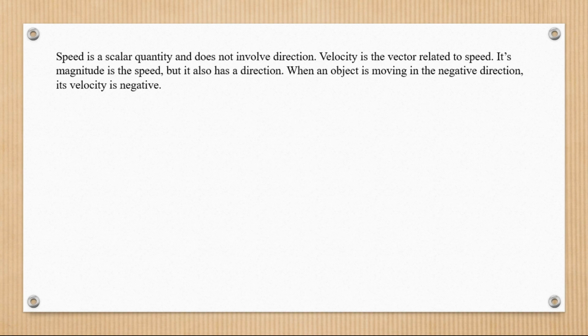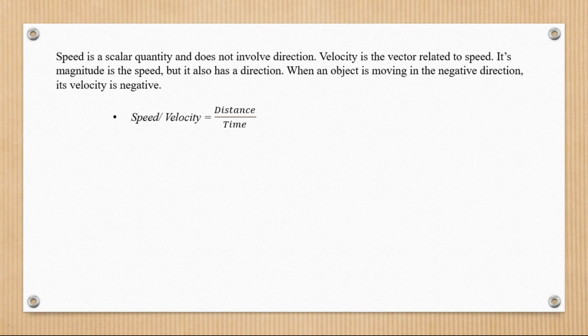Its magnitude is the speed, but it also has a direction. When an object is moving in the negative direction, its velocity is negative. So I think you get the difference. Speed is a scalar quantity and velocity is a vector quantity, but they are usually interchanged in most of the questions, as we shall see.